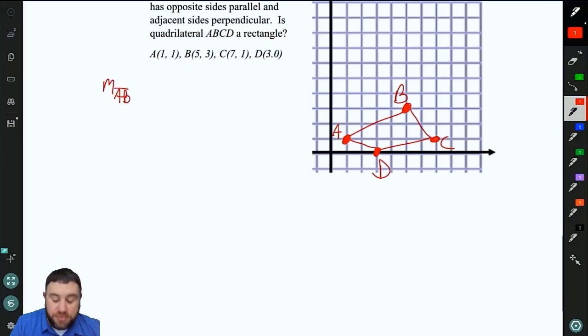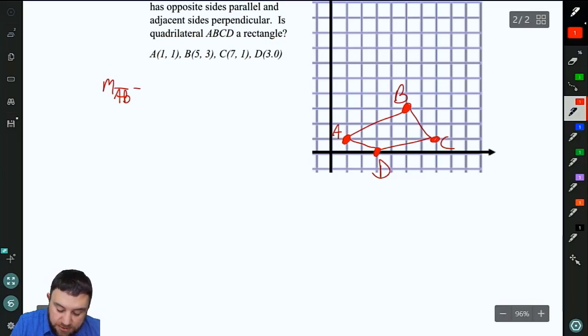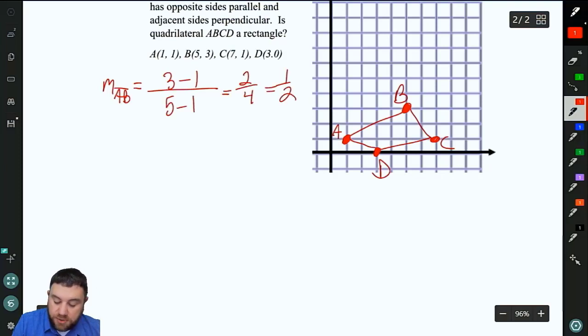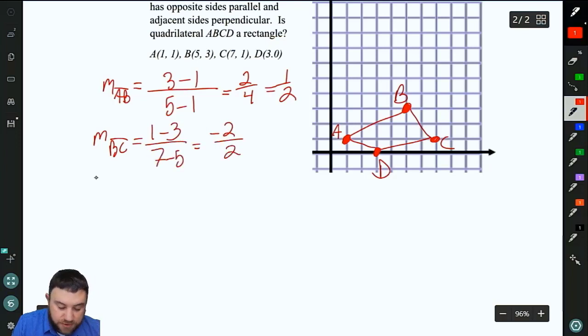Notice here I'm making slope of segment AB because the sides of a quadrilateral don't go on forever. They're line segments. So the slope of AB will be 3 minus 1 over 5 minus 1. So that will be 2/4, which is 1/2. Slope of BC will be 1 minus 3 over 7 minus 5. That will be negative 2 over 2, so that will be negative 1.